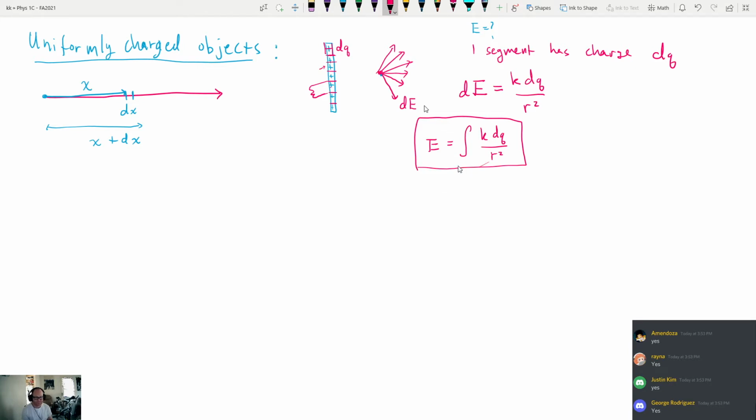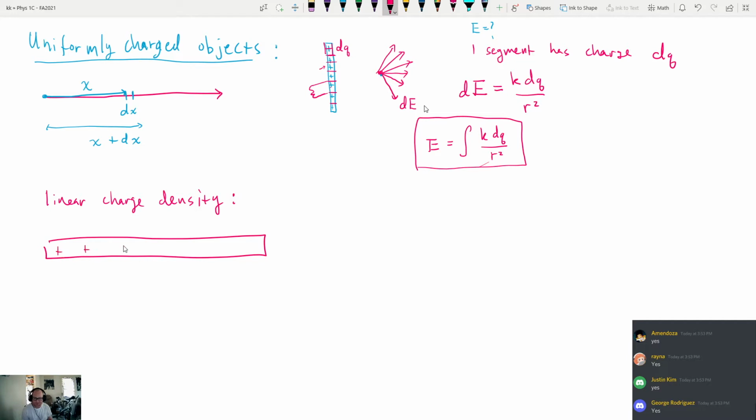Now, one thing you're going to need to know and understand before we even get into this is the concept of charge density, okay? So we're going to talk first about linear charge density, because that's going to be relevant to the first problem that we're going to do. Suppose that I tell you I have a rod, right? And I tell you that this rod's positively charged.